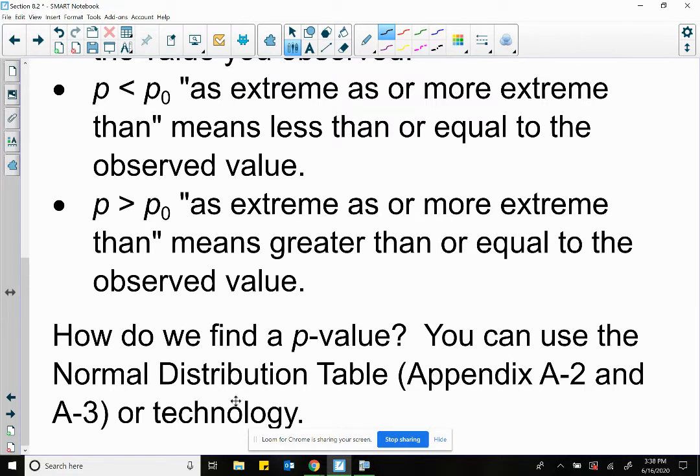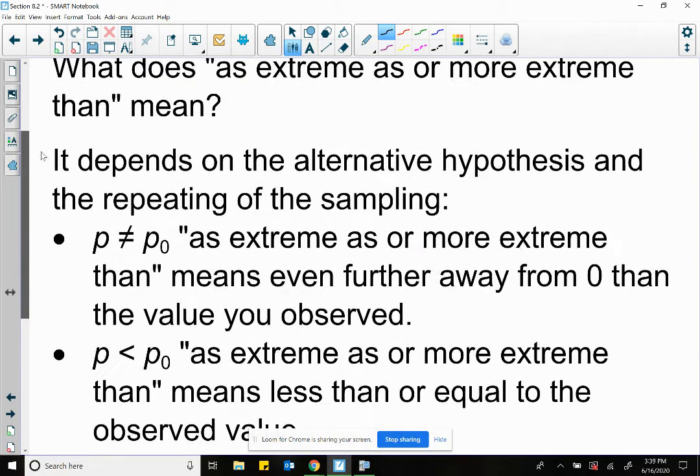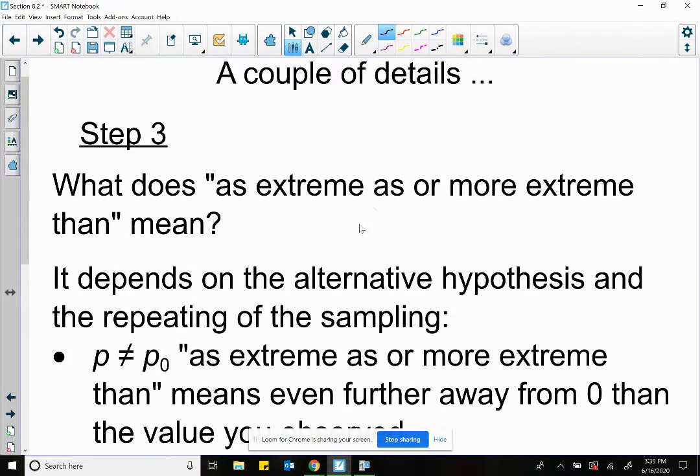Let's only focus on the technology, because in chapter 6 we already talked about how to use the table. So I want to focus on the technology and get right to the point. So that's a little bit more about step 3 and just talking about this as extreme as or more extreme than.